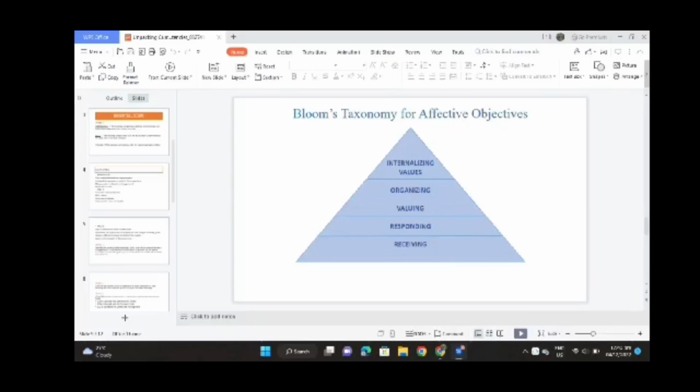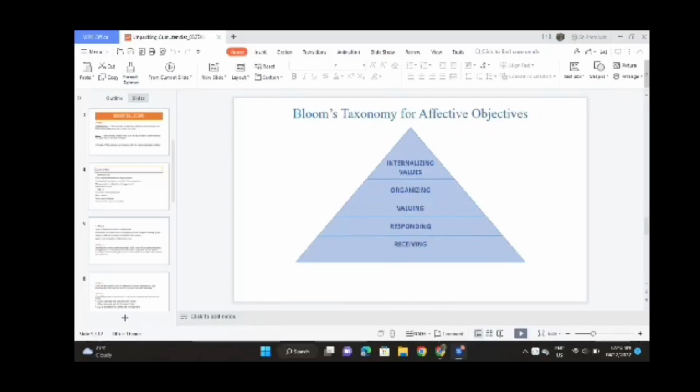Next is valuing. It is the worth or value a person attaches to a particular object, phenomenon, or behavior. This ranges from simple acceptance to the more complex state of commitment. Valuing is based on the internalization of a set of specified values, while clues to these values are expressed in the learner's behavior and are often identifiable.